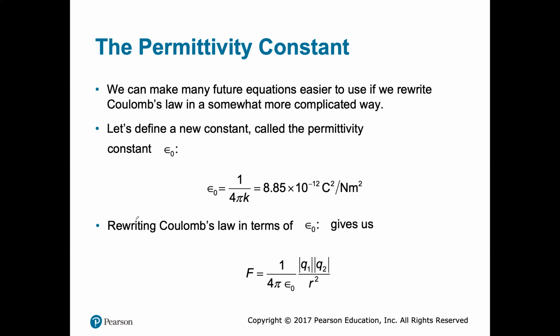Then we can rewrite Coulomb's law in terms of epsilon: k equals 1 over 4 pi epsilon, times Q1 Q2 over r squared. And be careful that epsilon 0 means the dielectric constant or permittivity in vacuum or in gas.